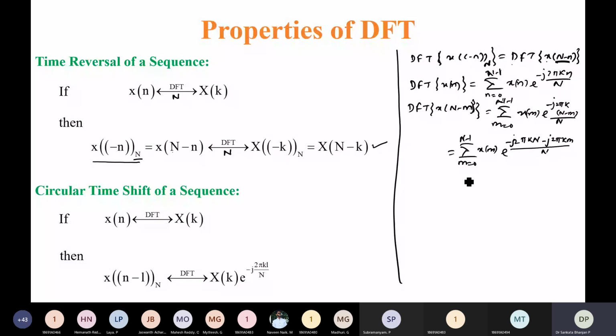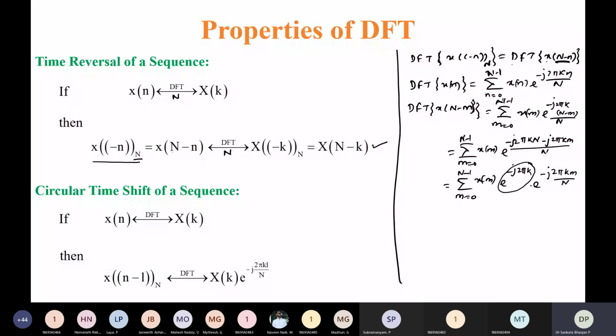So what is this value? Here I will write, minus j 2 pi k into e to the power minus j 2 pi k m whole divided by n. So what is this value? E to the power minus j 2 pi k, so the value is 1.